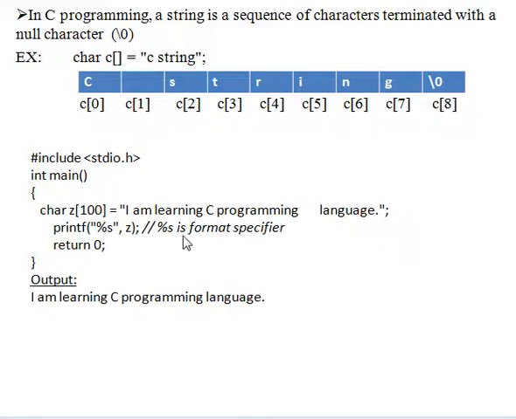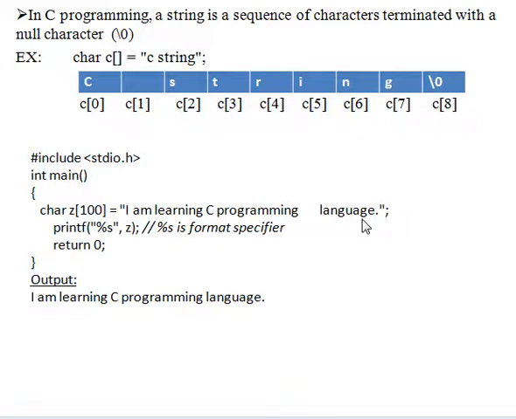This total string will be stored in array z. z of 0 has character I, z of 1 has a space, z of 2 has character A, and like this all characters are stored. The dot is also stored, and after the dot we store \0, the null character, to represent the end of the string. That's done automatically.